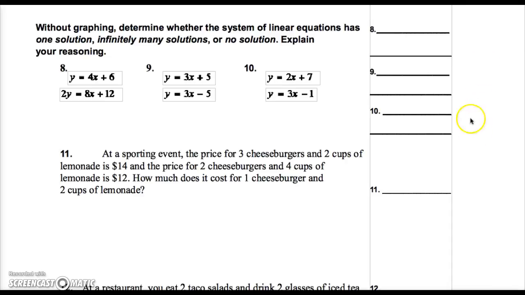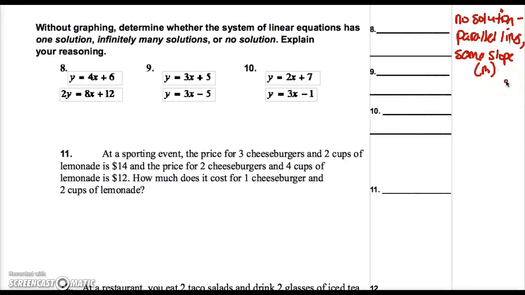Over here on the side, if a system's going to have no solution, that means your lines will be parallel, so they never cross each other. And if you look at the equations, in order to be parallel, they have to have the same slope, same number in front of the x. So that's no solution.